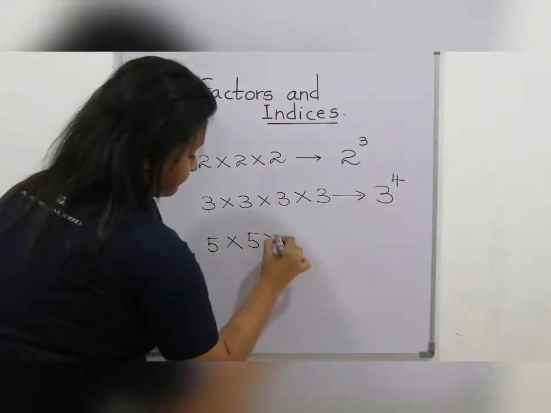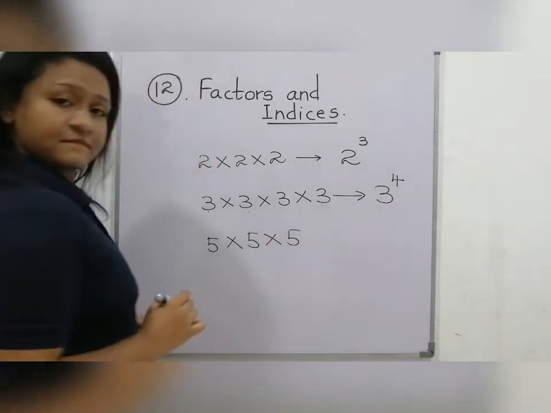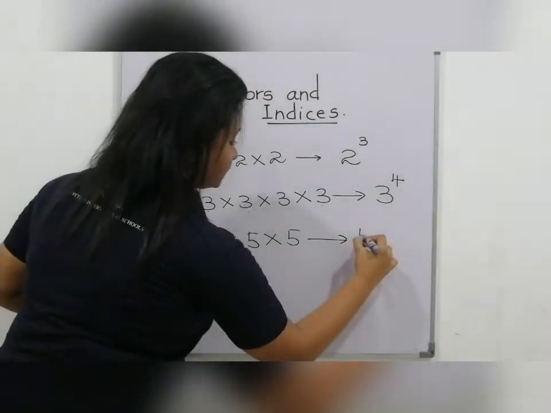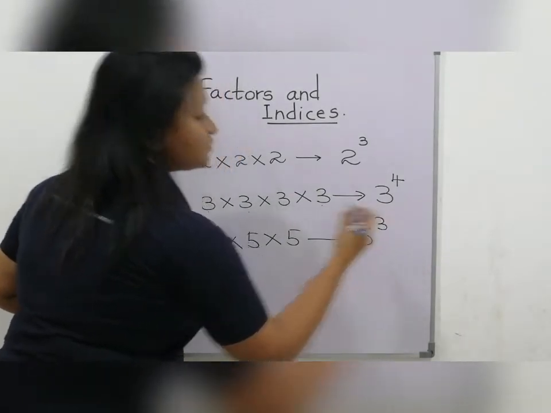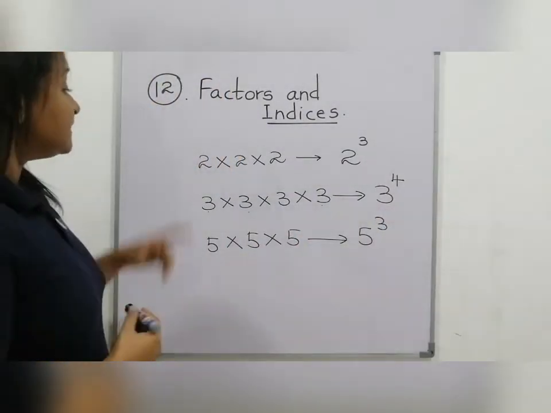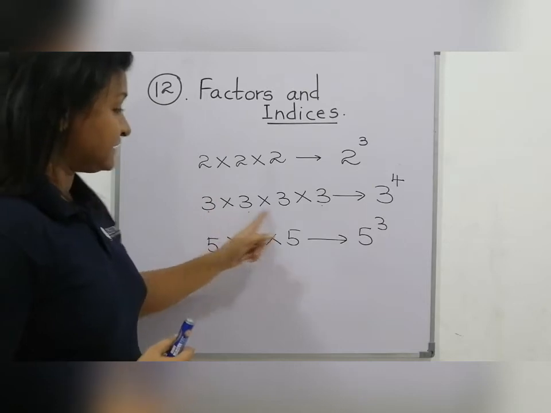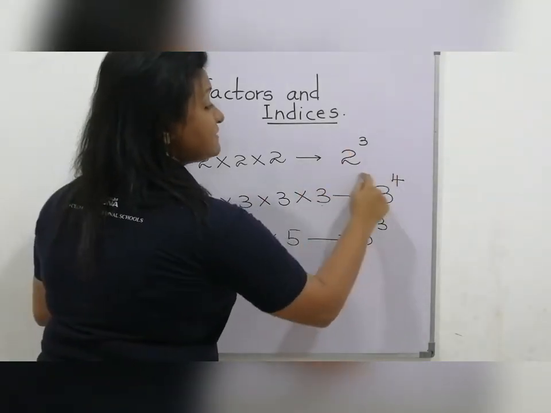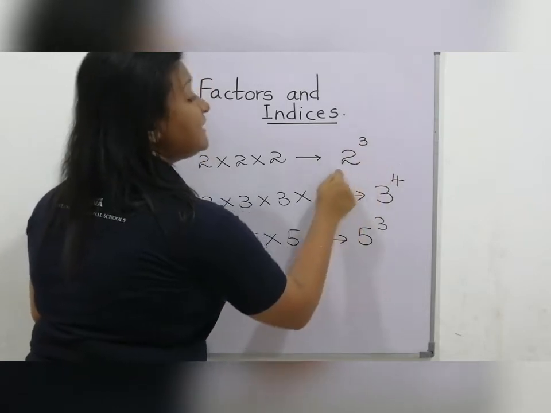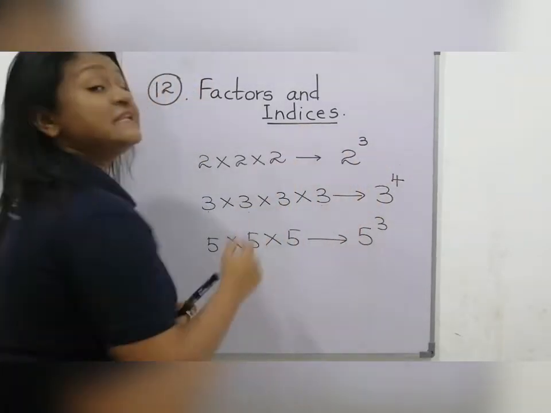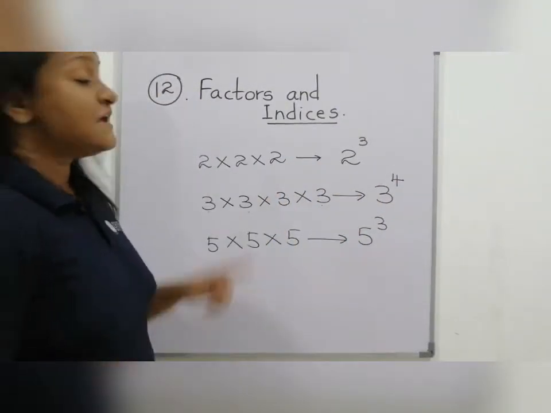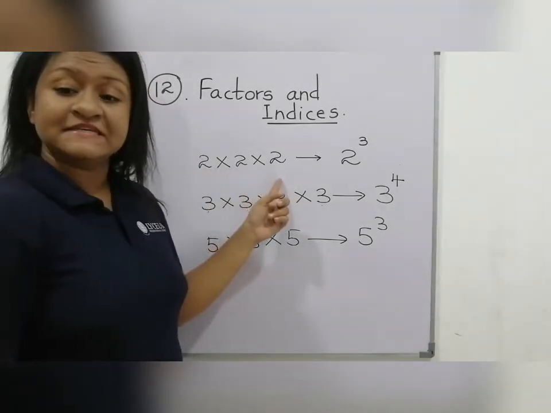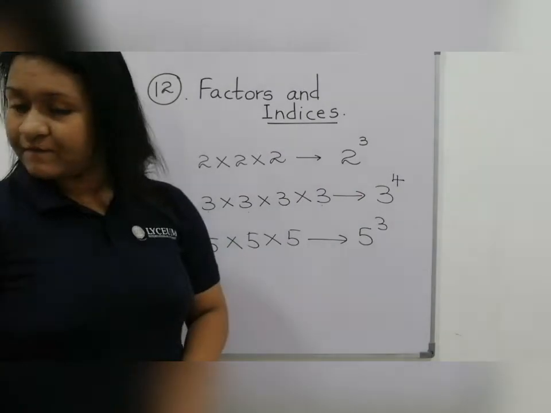We will multiply 5. 5 is repeatedly multiplied 3 times. So children, we wrote this repeated multiplication in shorthand way. We can identify this as indices, or else we have written this repeated multiplication in index form.